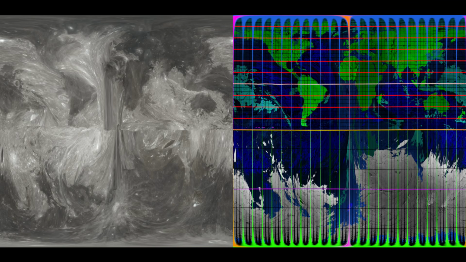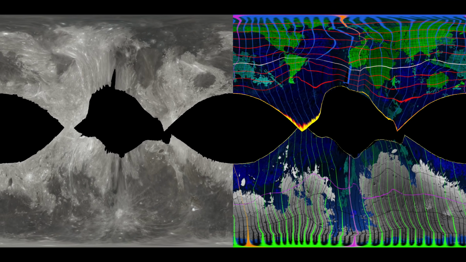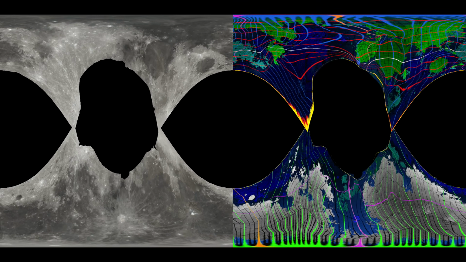The waveform applied to the cylindrical equirectangular creates the cylindrical Selenetics projection.